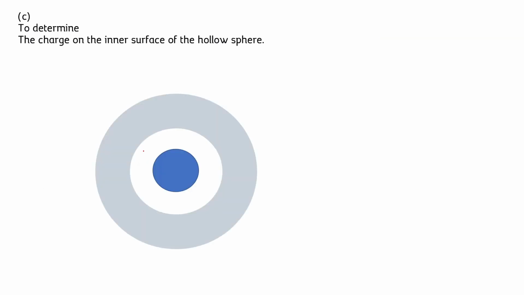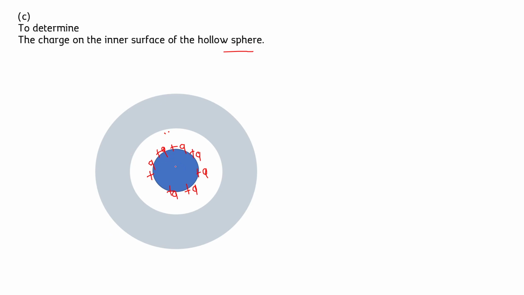So now let's move forward, and we have to determine the charge on the inner surface of the hollow sphere. So as we know, this is the hollow sphere, and due to this there's some charge collected on its body. So inside the sphere there's a charge plus Q. Now due to the polarity, as we studied in electrostatics, there would be equal and opposite charge collected on the inner surface.